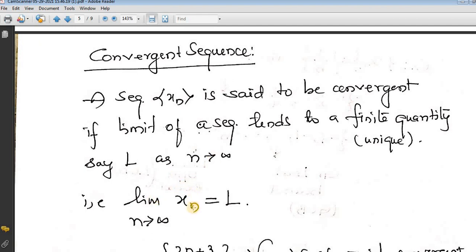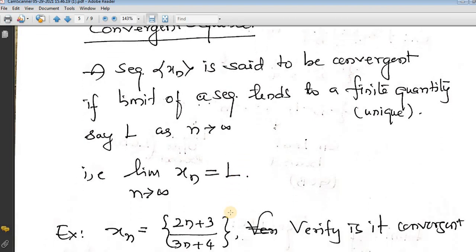So when we find the limit of any sequence, suppose we get the limit value as finite or unchanged, then we say that the sequence is convergent.